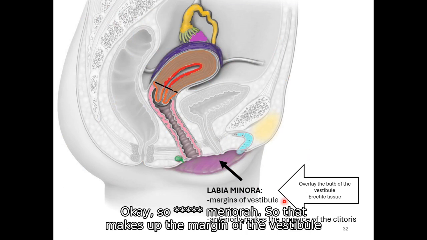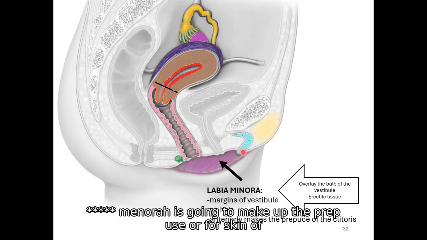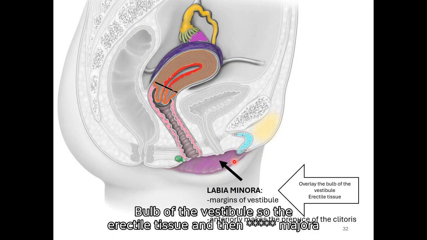Okay, so labia minora. So that makes up the margin of the vestibule. So no hair. Anteriorly the labia minora is going to make up the prepuce or foreskin of the clitoris. So right here. And then deep to that is the bulb of the vestibule, so the erectile tissue.